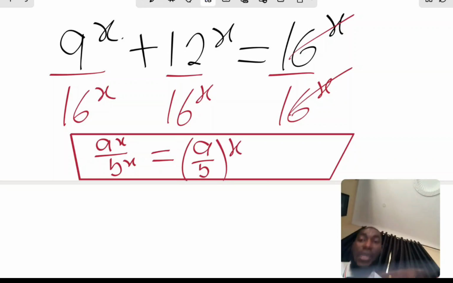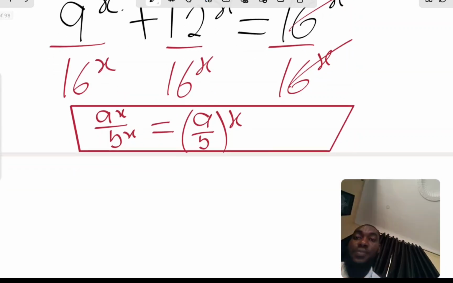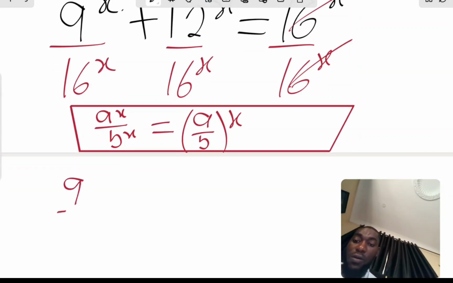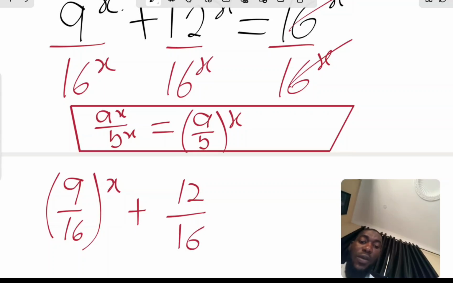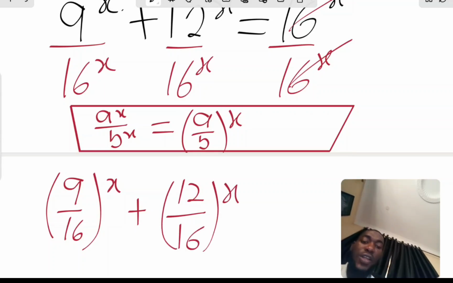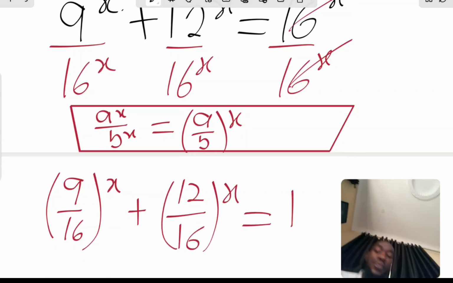So my left hand side can be written as 9 over 16 all to the power of x, plus 12 over 16 all to the power of x, equals 1. Good.